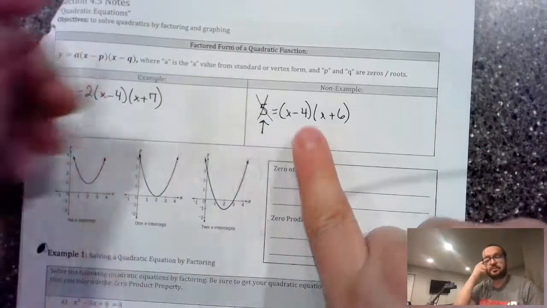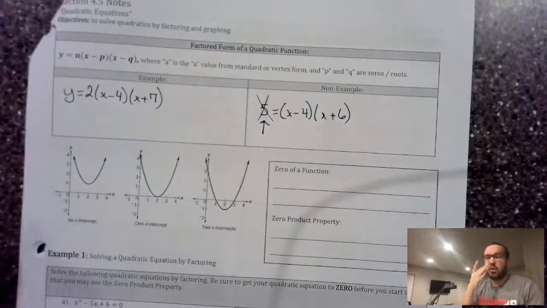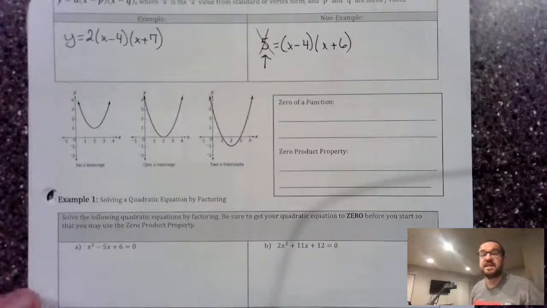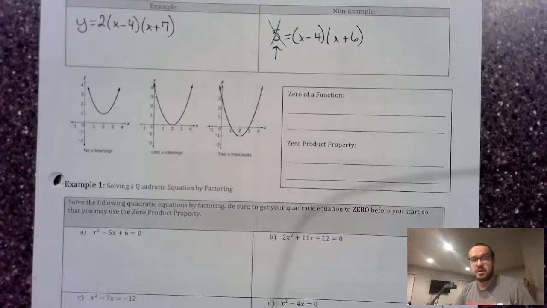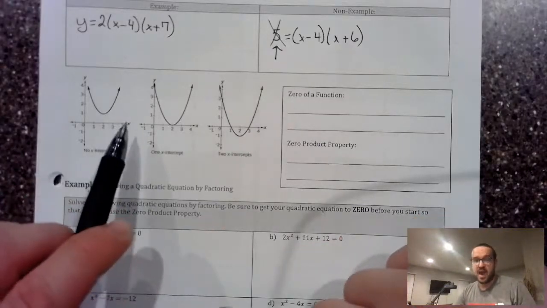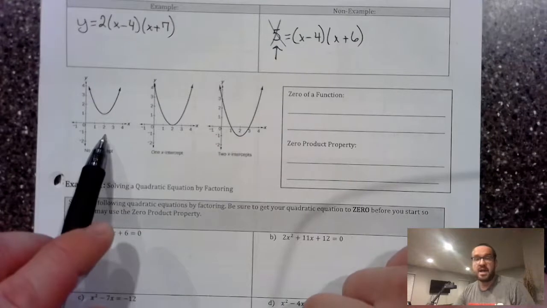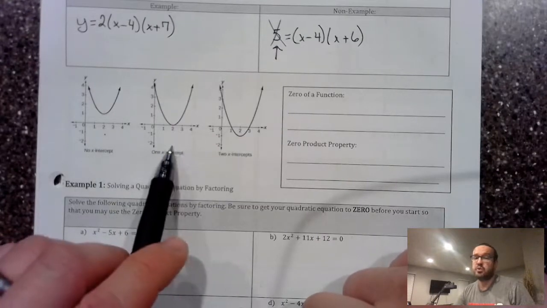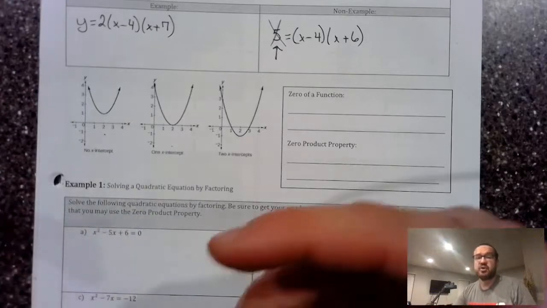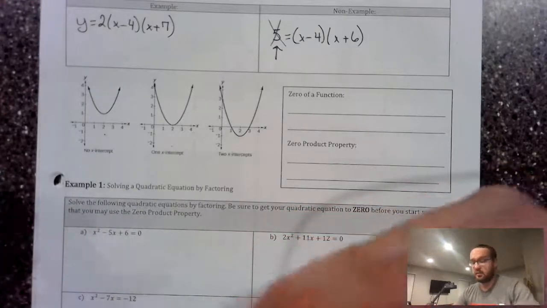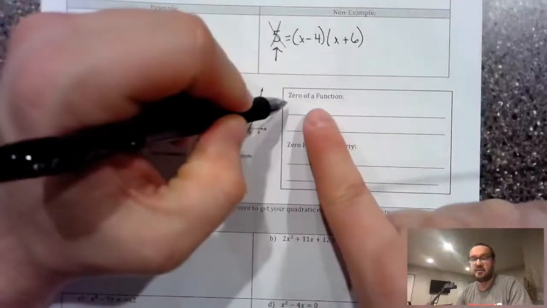The reason for us doing this factoring is because it gives us a very key feature of the graph. Factoring is another way to find some points on this graph. Just to remind you, we can see no x-intercepts, 1 x-intercept, or 2 x-intercepts. Those intercepts are just a synonym for this phrase, zero of a function.